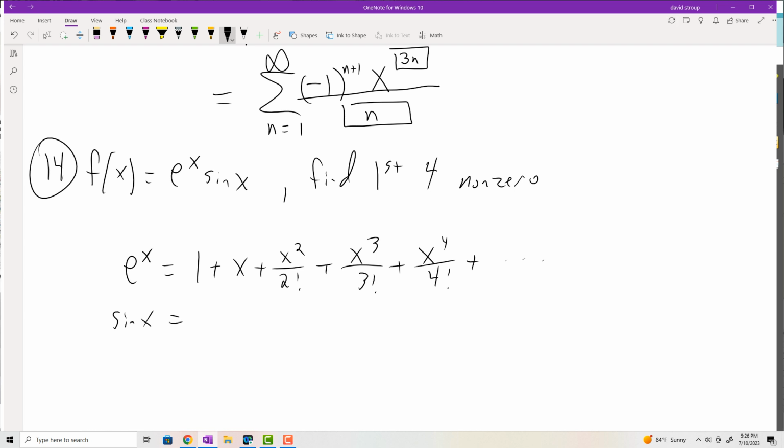So sine will always have the odd exponents, and cosine will always have the even exponents. So sine of x is odd, so its expansion will look like this. Cosine is even, so it's going to have the parts that are missing.